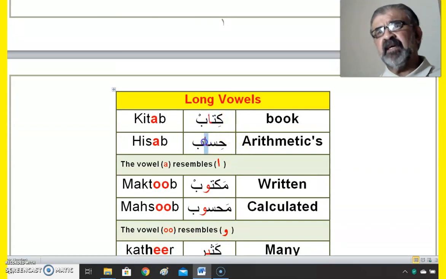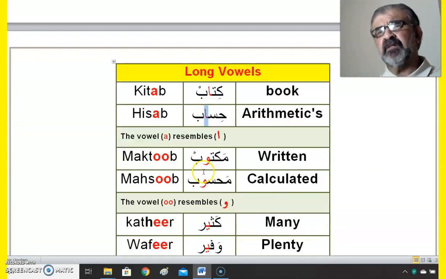Kitab, hisab. Okay? Going down to, this is called a long vowel. Kitab, hisab.